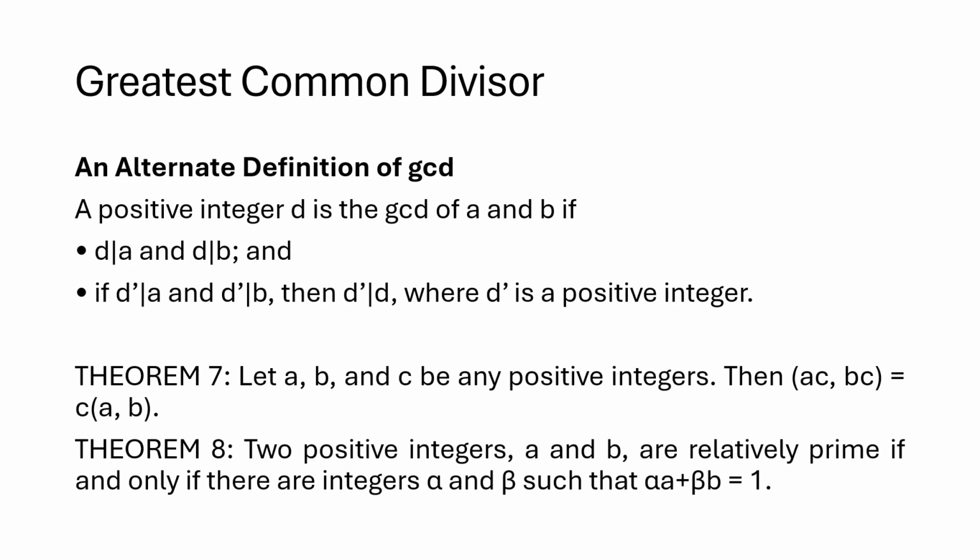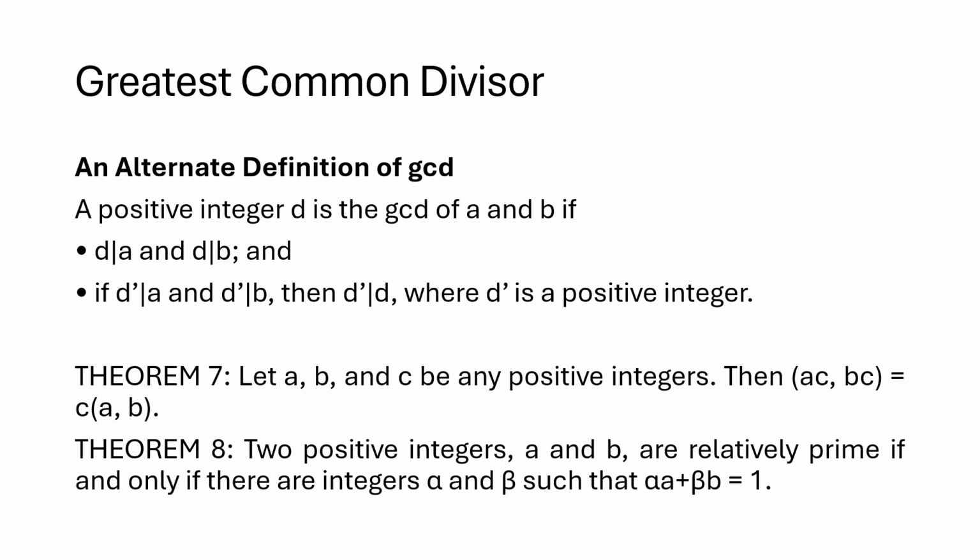A positive integer d is the GCD of a and b if d divides a and d divides b, and if d prime divides a and d prime divides b, then d prime divides d, where d prime is a positive integer.